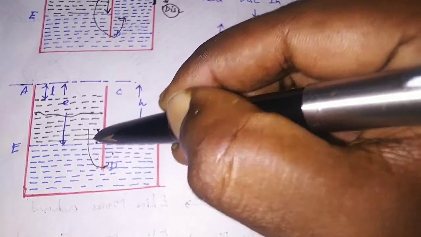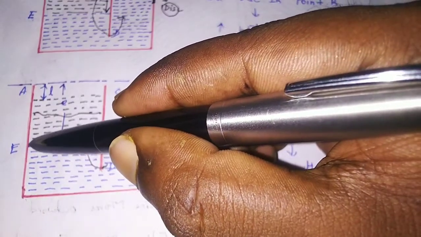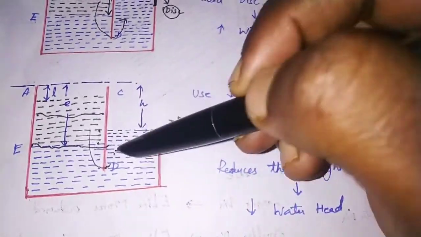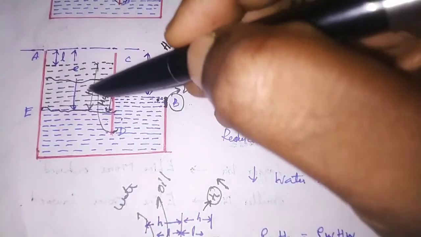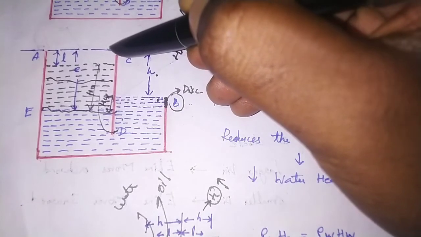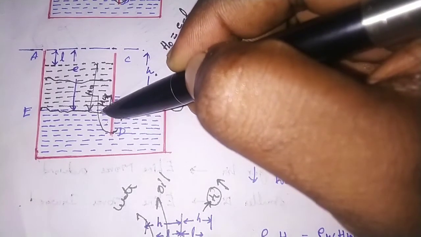By reducing the water head, I can re-establish the E line at point E. You can see from the center line to point E, that is the E line.